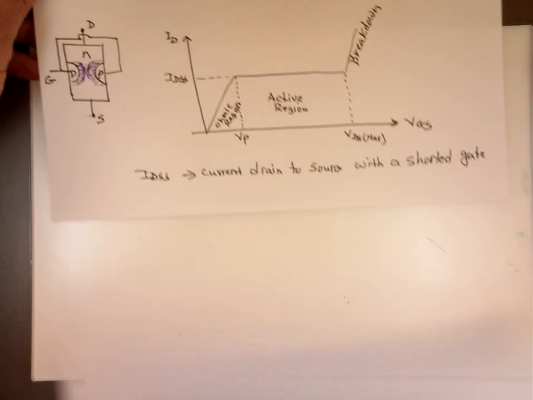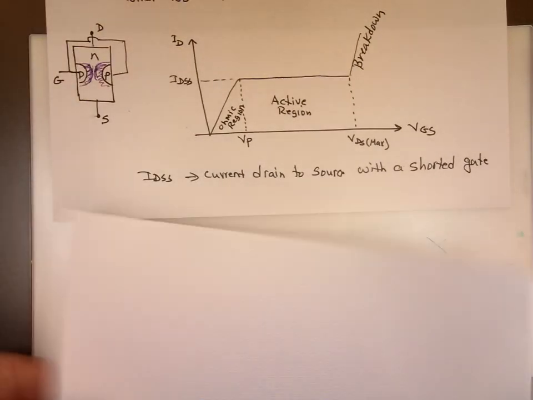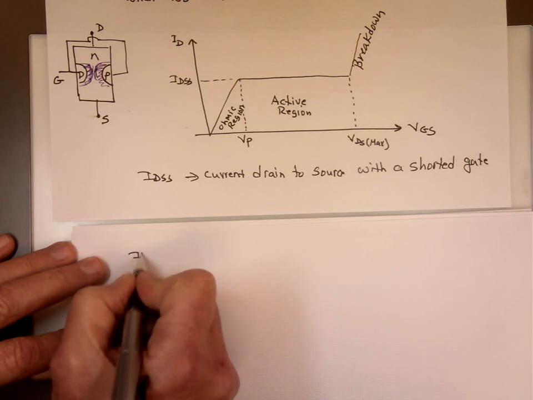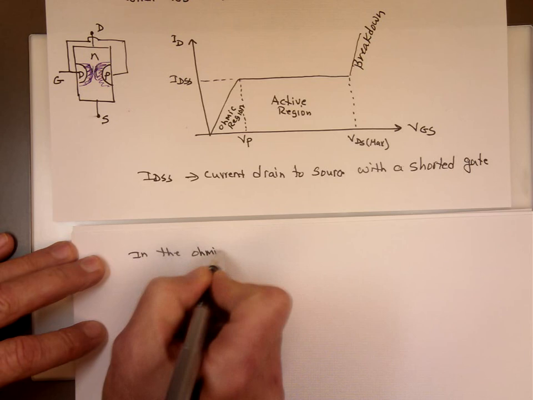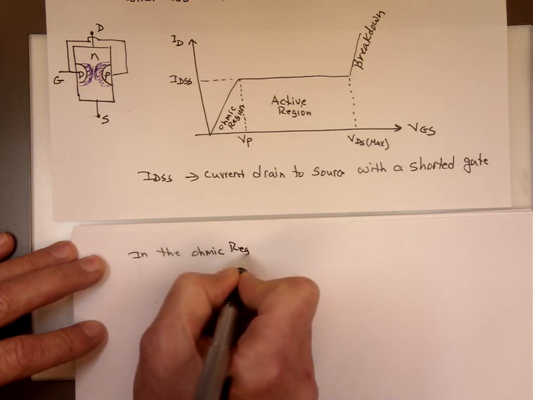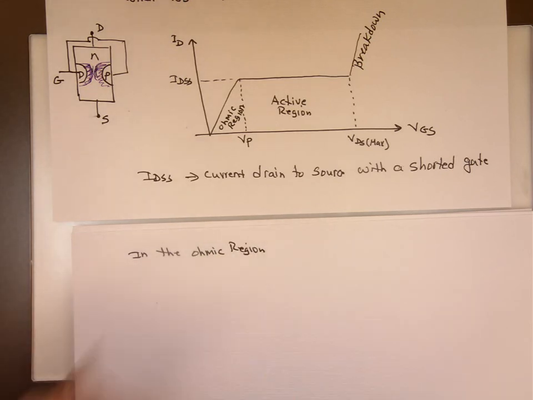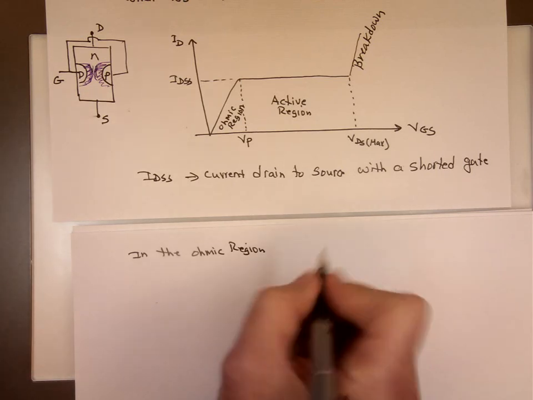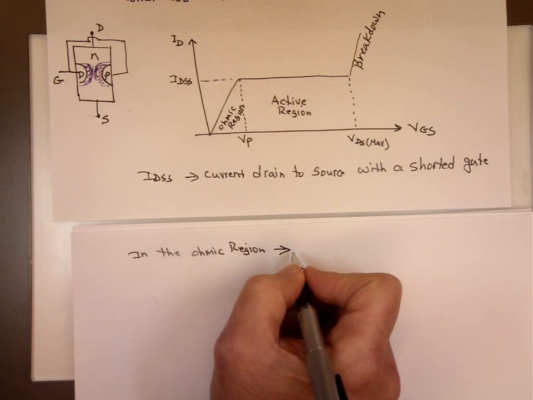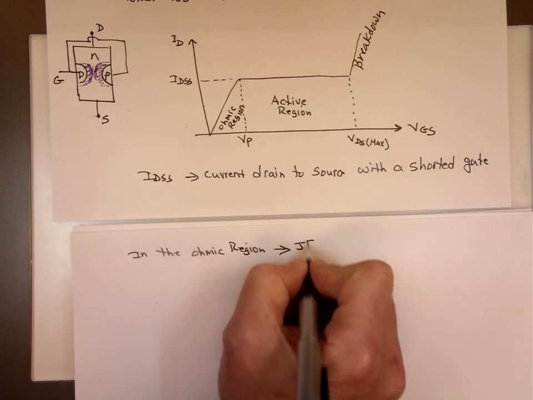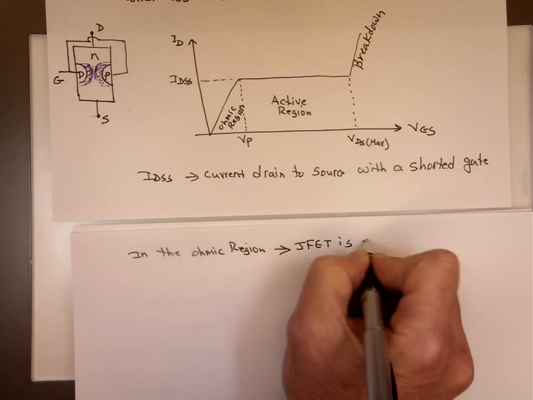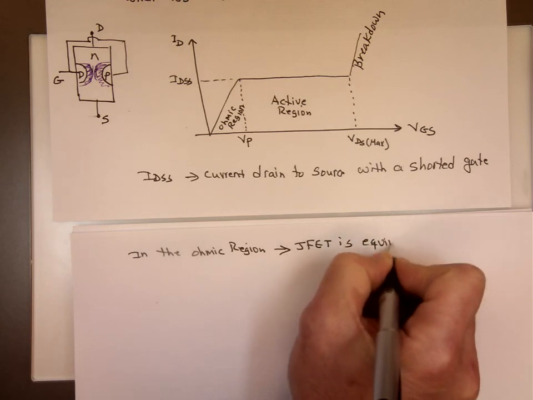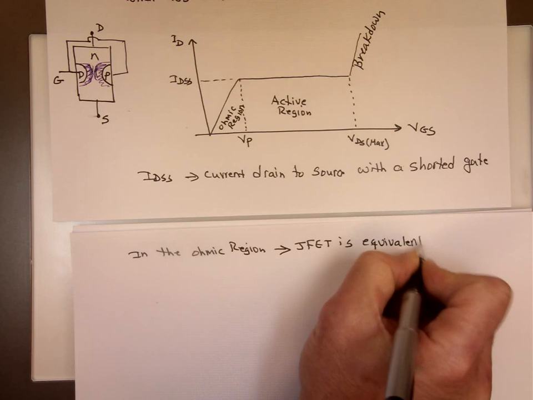So in the ohmic region here, we said the JFET is equivalent to a resistor.